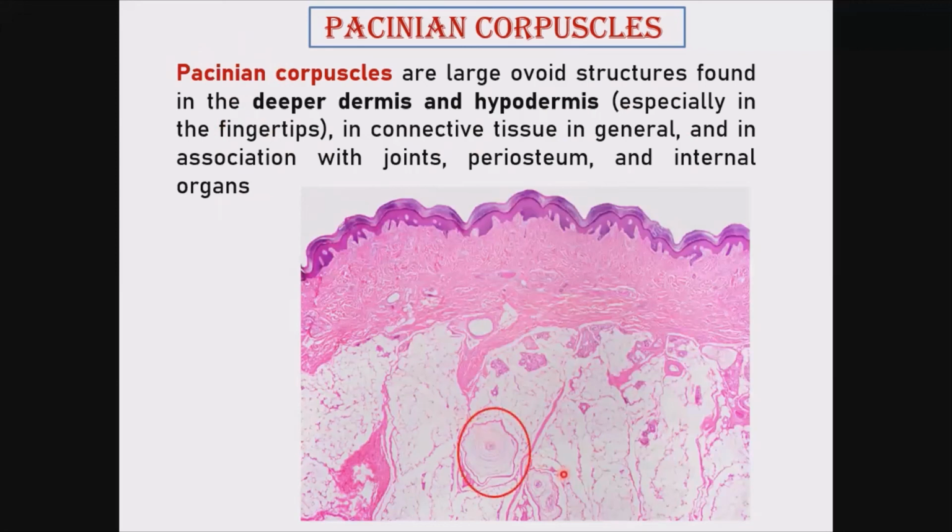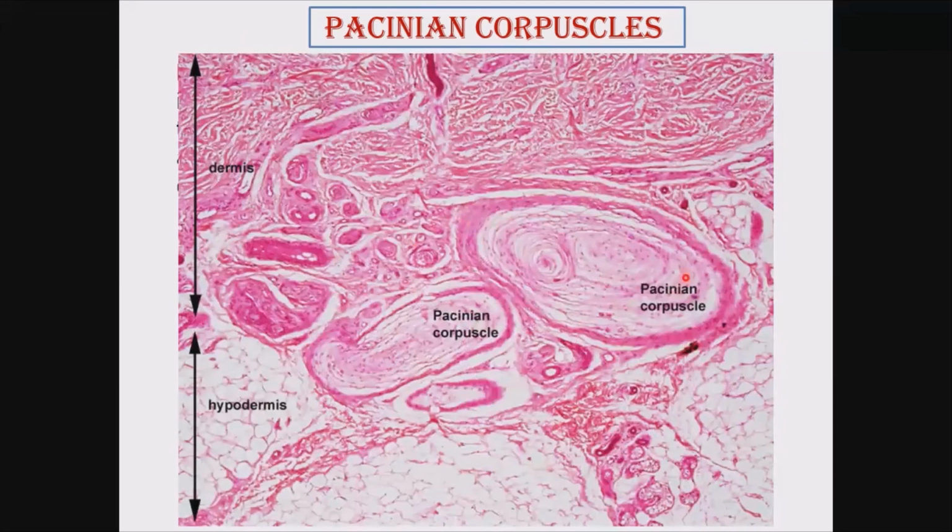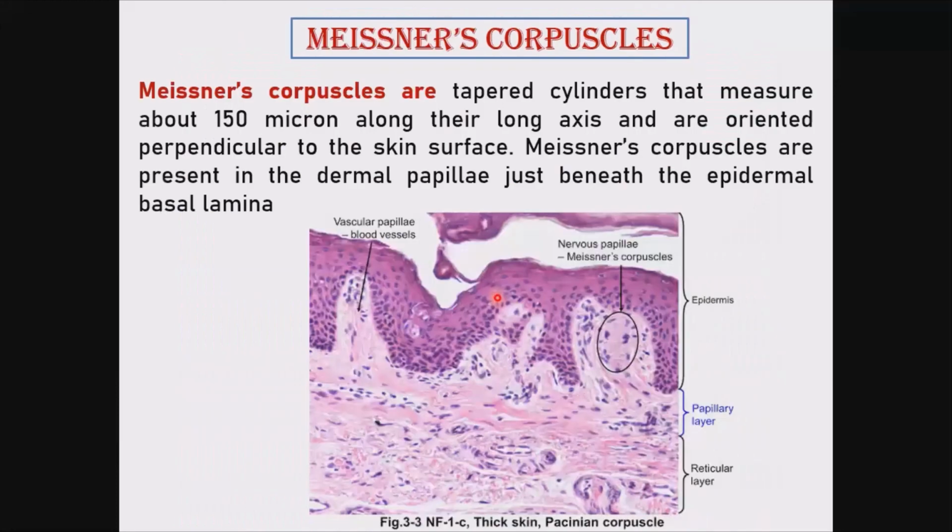So we can see here the large ovoid and round mass, onion peel-like appearance, in the deeper dermis. This is called a Pacinian corpuscle. In the bigger picture of this, the nuclei are getting degenerated in the central part, the peripheral parts are concentrically arranged, and nuclei are flattened. It is a tapered cylindrical structure that measures about 150 micron along the long axis.